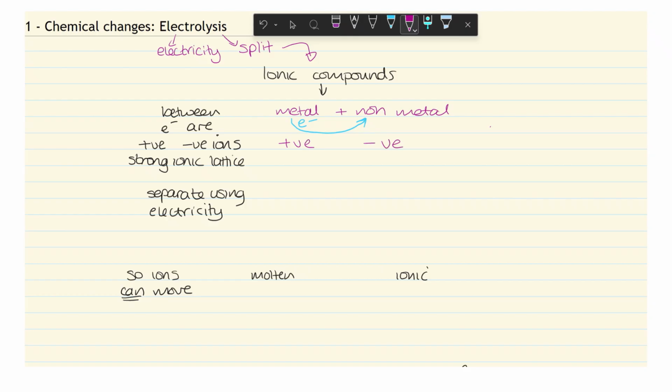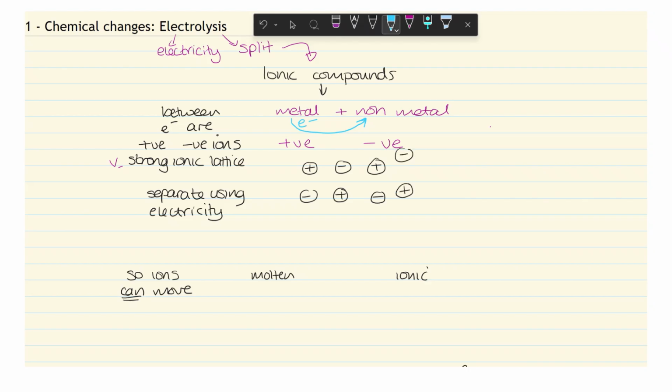Now, because these ions have opposite charges, they have very strong electrostatic forces of attraction between the individual ions. So we might have a positive ion here, a negative one here, a positive one here, and it goes backwards as well.